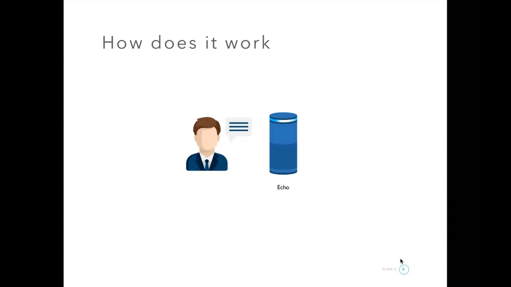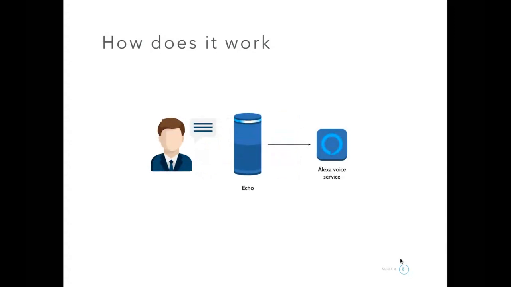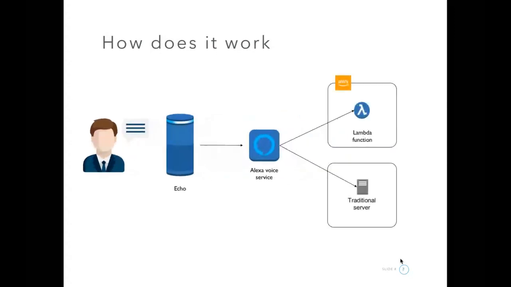So how does it work? Usually there is a user, maybe me or you, speaking some voice commands to the Echo, which will be passed on to Alexa Voice Service, which will pass that information to a Lambda function. Alexa Voice Service does some things, which we will get into a bit. Even before that, let's get a bird's eye view of what all happens.